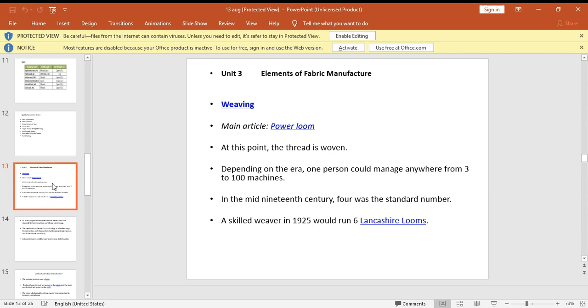At this point, the thread is woven. Depending on the era, one person could manage anywhere from 3 to 100 machines. In the mid 19th century, 4 was the standard number. A skilled weaver in 1925 would run 6 Lancashire looms.